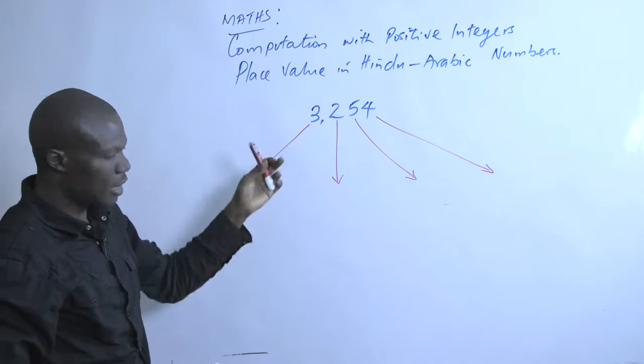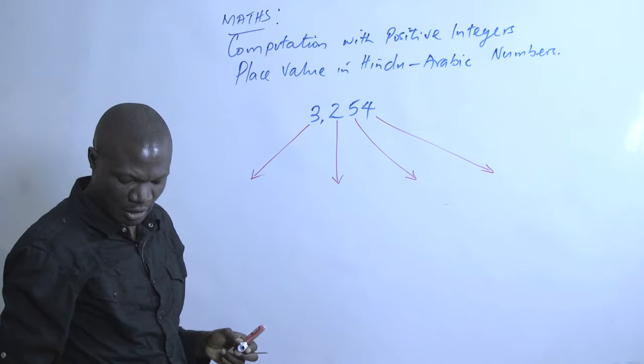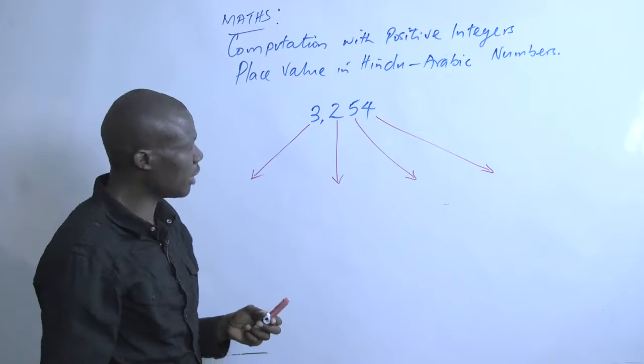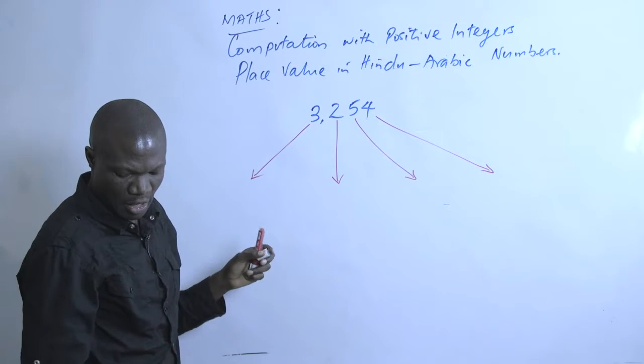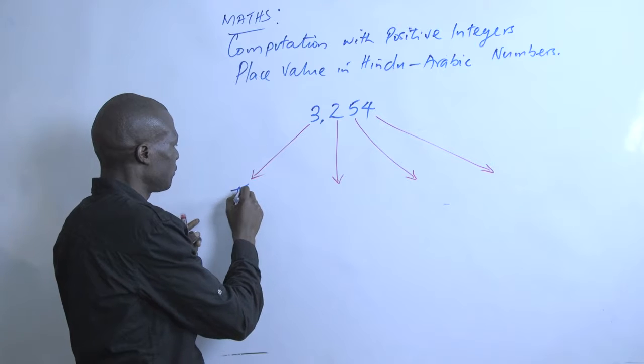Looking at the first digit, the digit 3 stands for thousands.